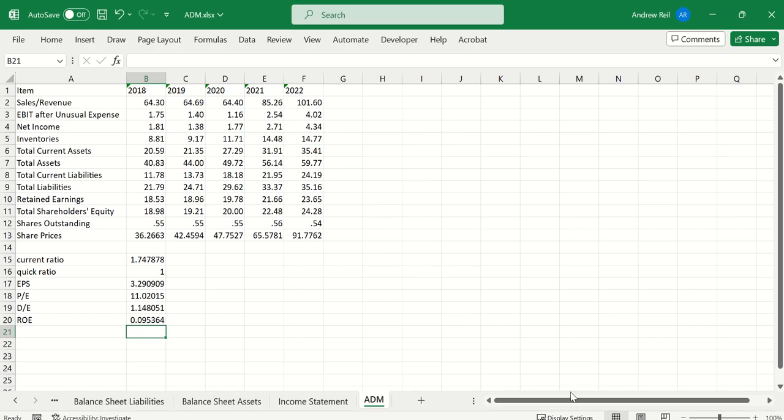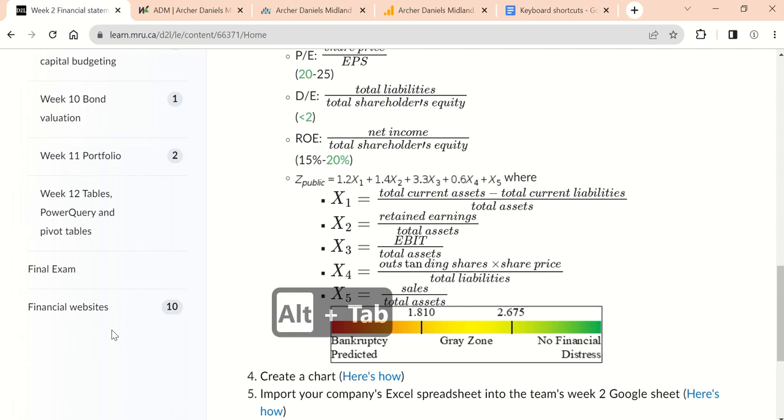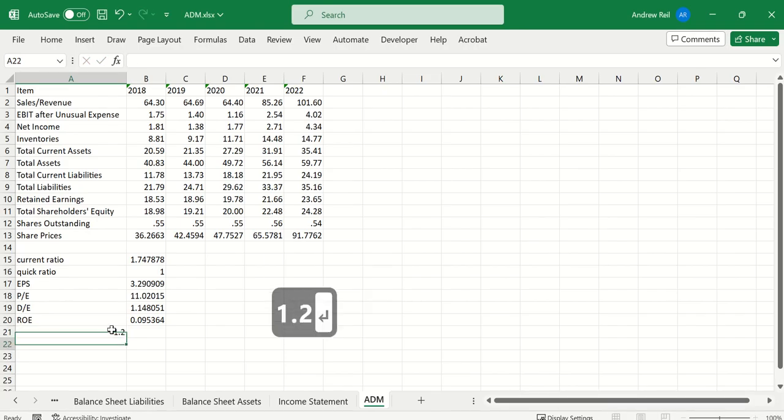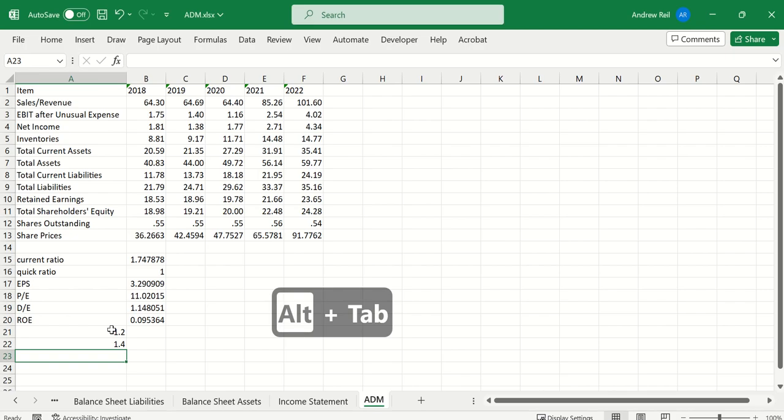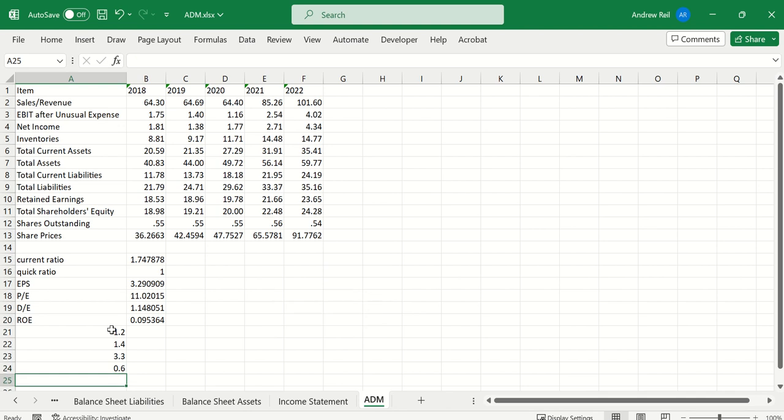So let's go back to Excel, and I'm actually going to put the numbers here. So it's 1.2, 1.4, 3.3, and 0.6. And the last one is just 1. And then we'll figure out the math later.